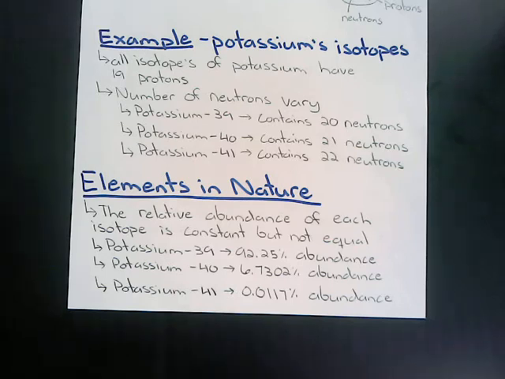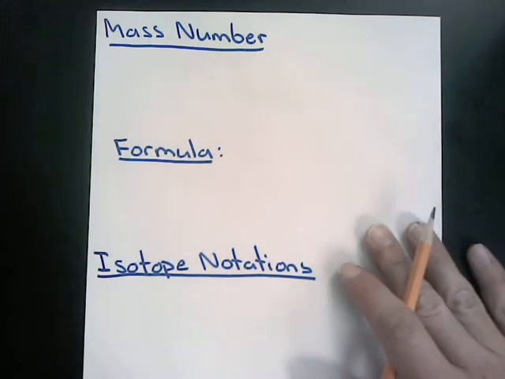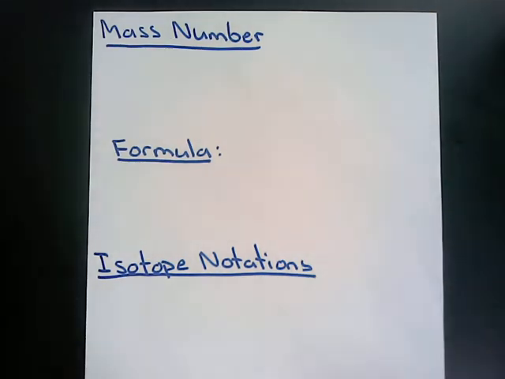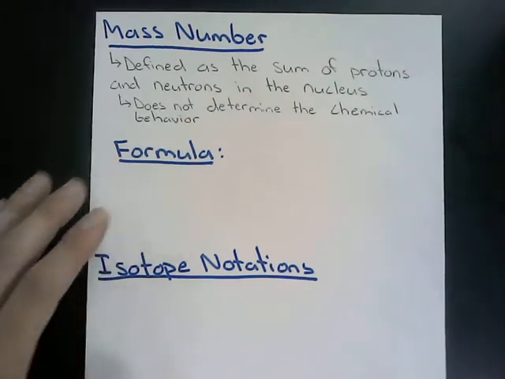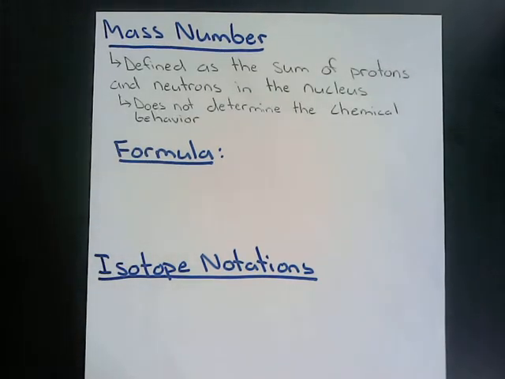Now, we can shift gears to mass number. Our mass number is defined as the sum of protons and neutrons in the nucleus. It's important to note here that the mass number does not determine the chemical behavior of an atom or an element. The chemical behavior is determined by the number of electrons an atom has.